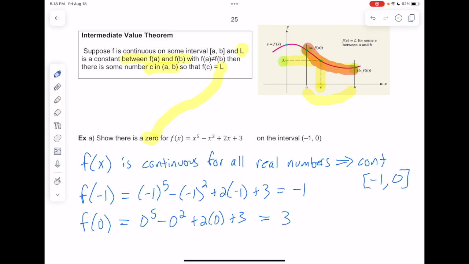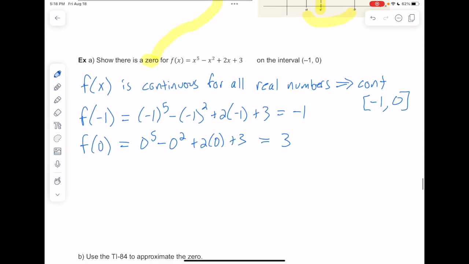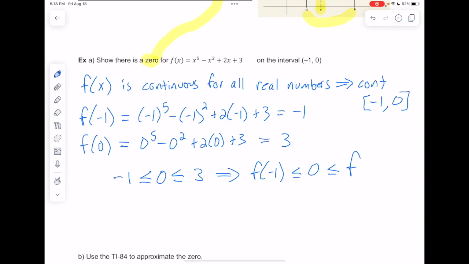So let's check that piece. 0, which is the L they're talking about, is in between -1 and 3 for sure. And then -1 was f of -1, and f of 0 was 3. So we do have the idea now that L, 0, is in between the two endpoints.